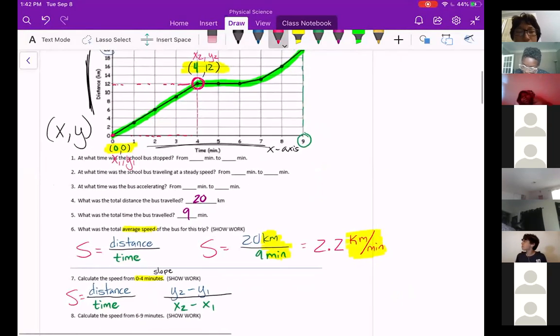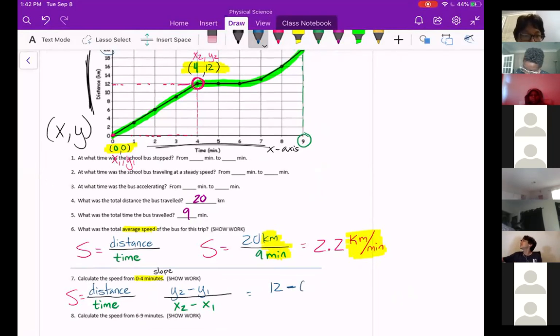So y2, can somebody tell me what y2 is? 12. Very nice. How about y1, anybody? 0. Very nice. Divided by x2. What's x2? 4. And x1? 0.